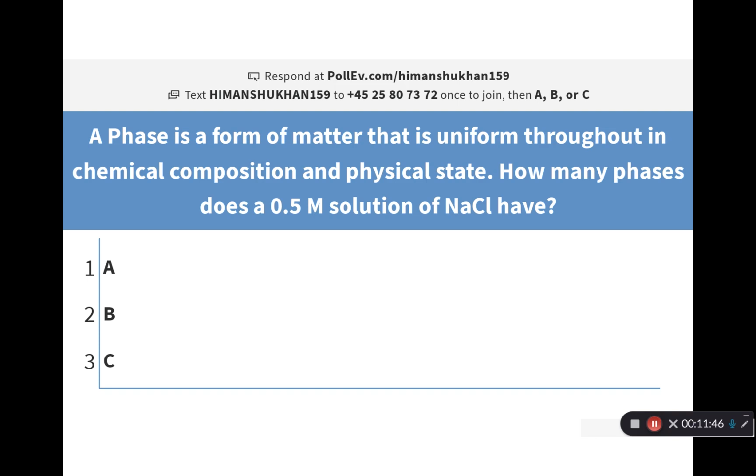Does it have one phase, two phases, or three phases? The answer is that it is a single phase, because anywhere in this solution, if you measure the composition, it will be equal to 0.5 molar. And anywhere in this solution, you will have the same physical liquid state.